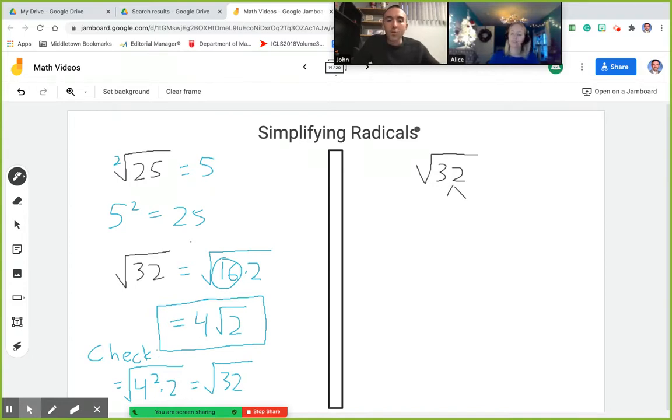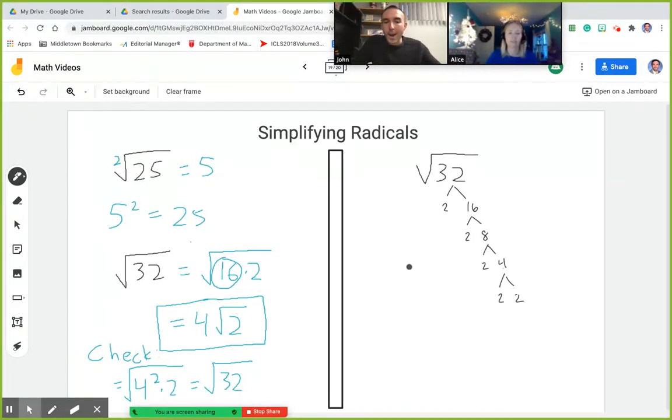Since 32 ends in a 2, an even number, our best first guess is to divide 32 by 2 to get 16. Then we can divide 16 by 2 to get 8 and continue the process. So 8 divided by 2 is 4. And then 4 divided by 2 is 2.